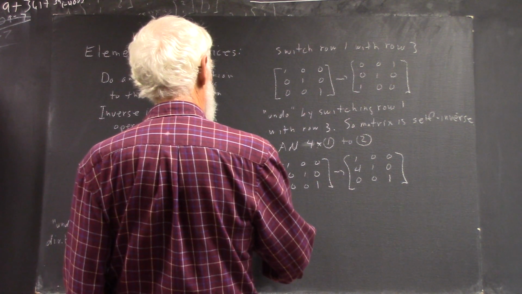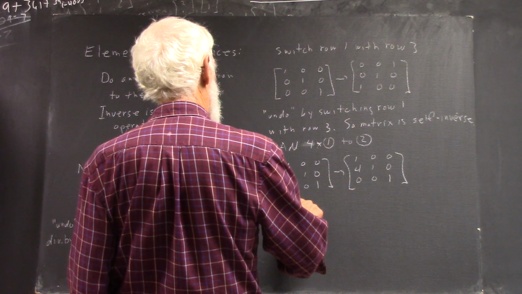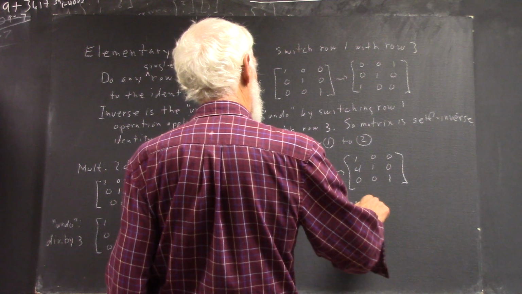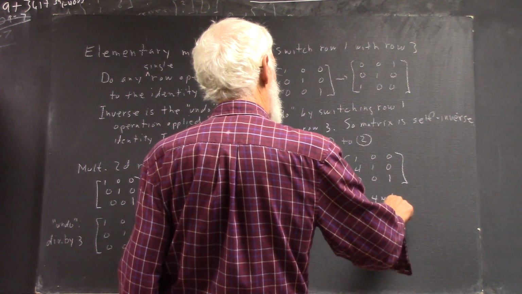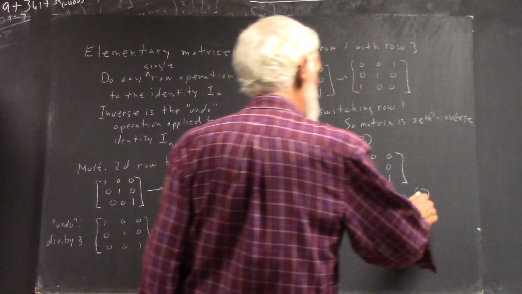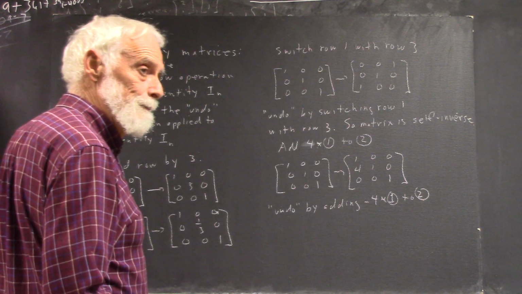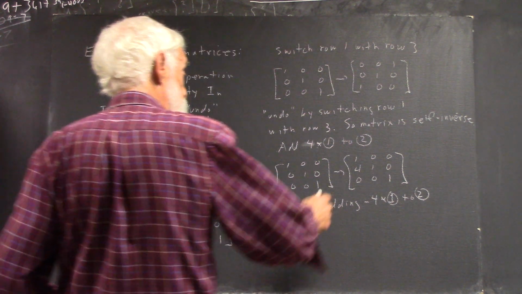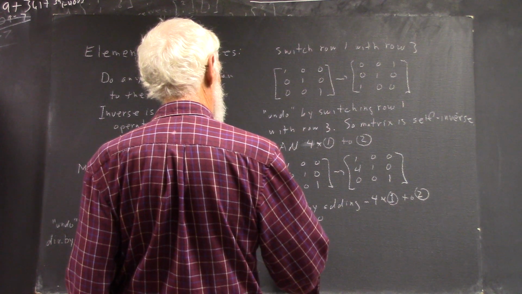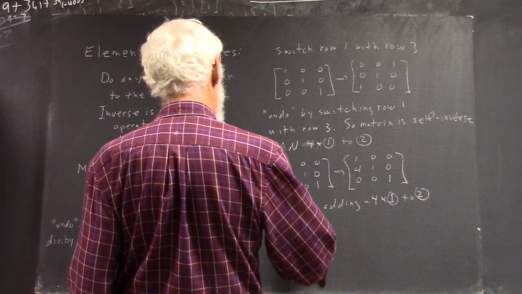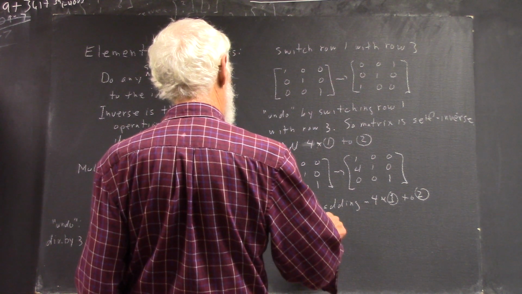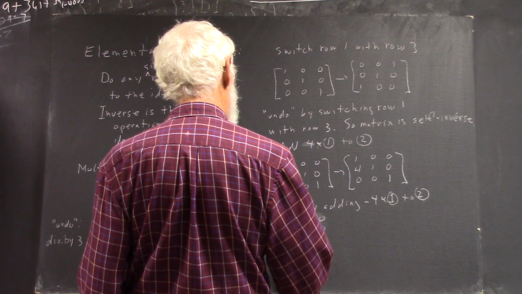I'll undo that by adding -4 times the first row to the second, and doing this to the identity to get the elementary matrix.